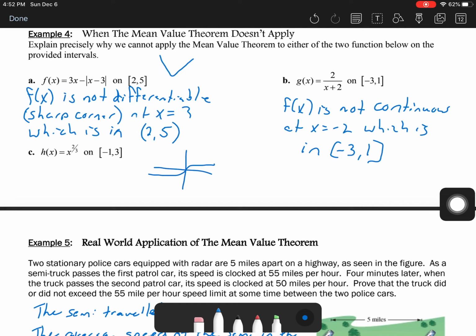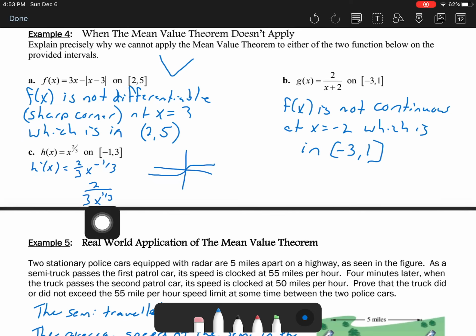Now, if you're not sure, since it doesn't seem to be a problem with continuity, what about maybe just find its derivative and then take a look at it. So if I were to do the derivative, I'd have 2/3 x to the -1/3. With that x to the -1/3, we've got 2/3 on top, or I could do just the 2 on top, and then 3x to the 1/3 on the bottom.